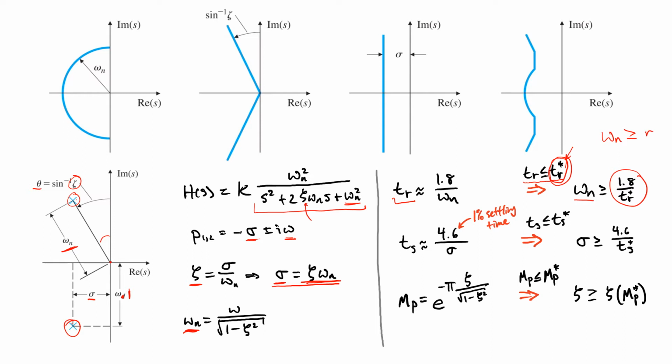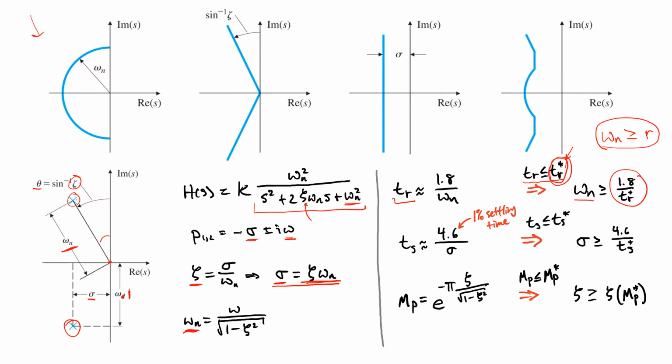Now we realize that this gives us a geometric constraint in the complex plane, and that's exactly what this first figure is demonstrating. Remember, omega n is the distance from the origin to the closed loop poles.